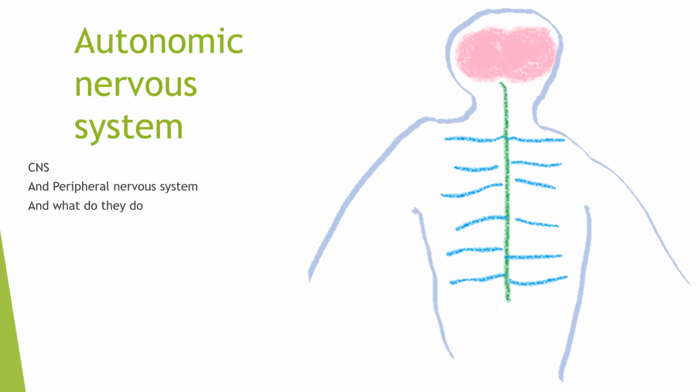It does also then get broken down into the autonomic nervous system, first of all, which is effectively what the CNS and peripheral nervous system can do. This is a functional name, okay? So it's about what the nerves are doing rather than where they are.